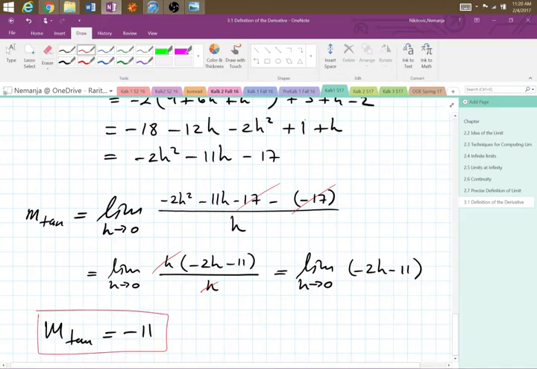I'm going to repeat the whole problem from the beginning. Make sure everyone is on board. But this is how you find the slope of the tangent line. The hardest possible way. Or should I say the most annoying possible way.